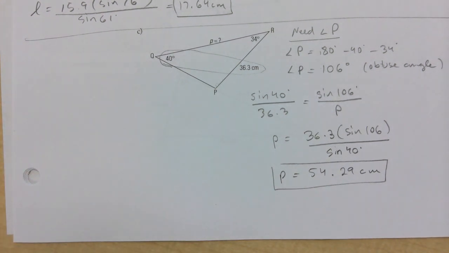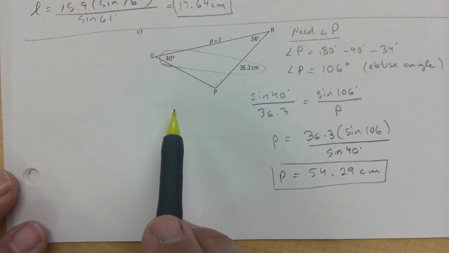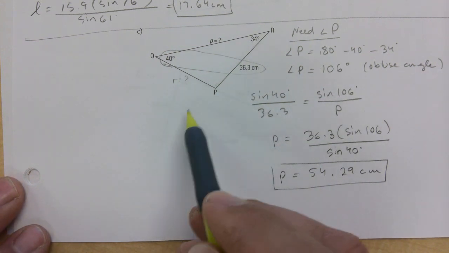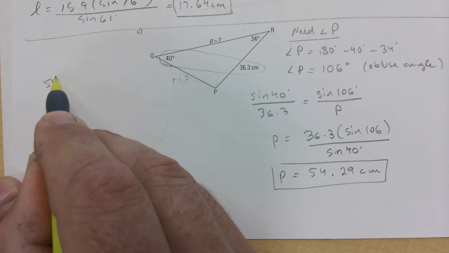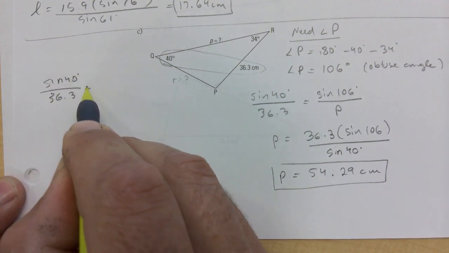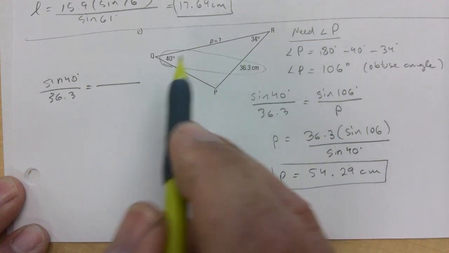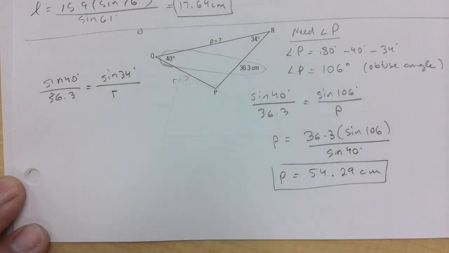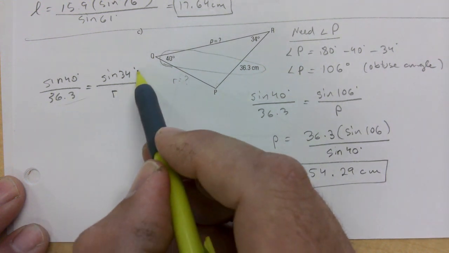And this one is a little easier because what do we still need to find? We need to find R, right? If you want all of it. So sine of 40 over 36.3. Sine of 34 will have side R across from it. So you cross multiply this way.